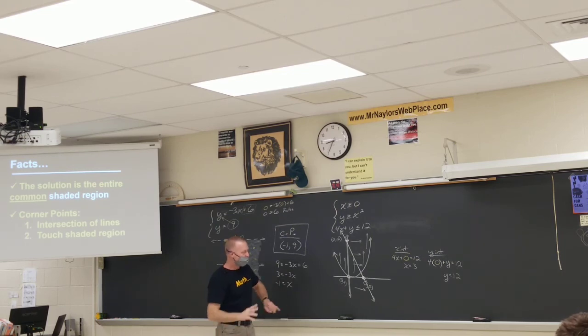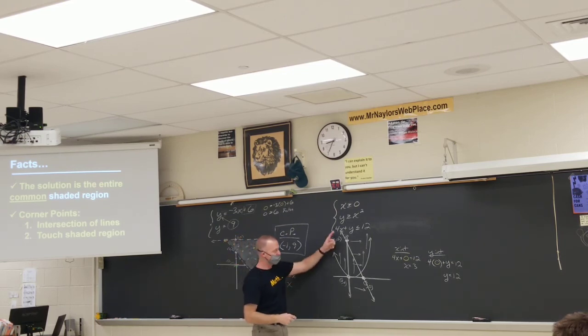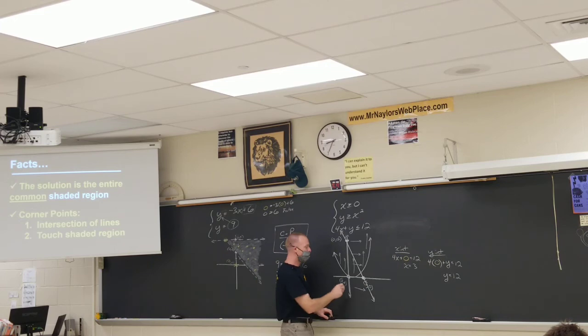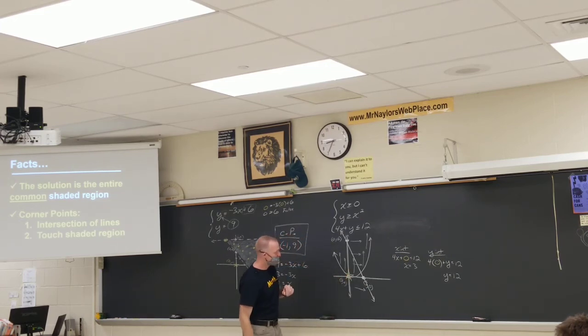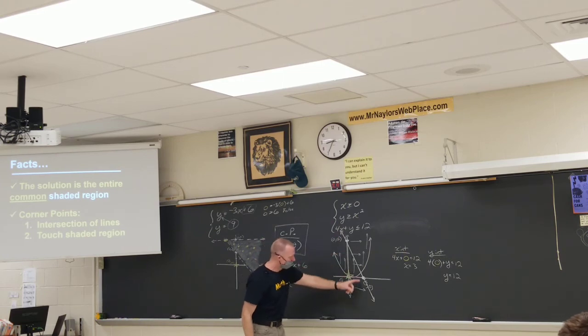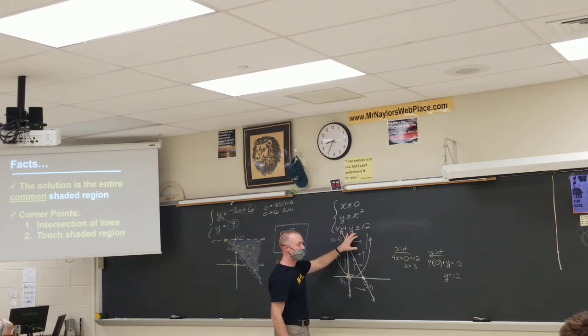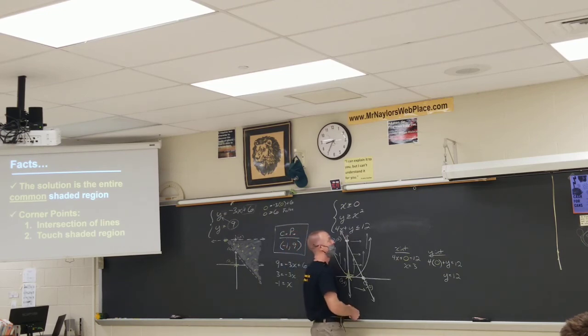Now, there's a lot going on here, but if you can just for a moment focus on the diagonal line, you could argue that you could use a test point. I could use a test point of (0, 0) because it is not on the diagonal line. Very quickly, I could plug in 0 for both x and y.